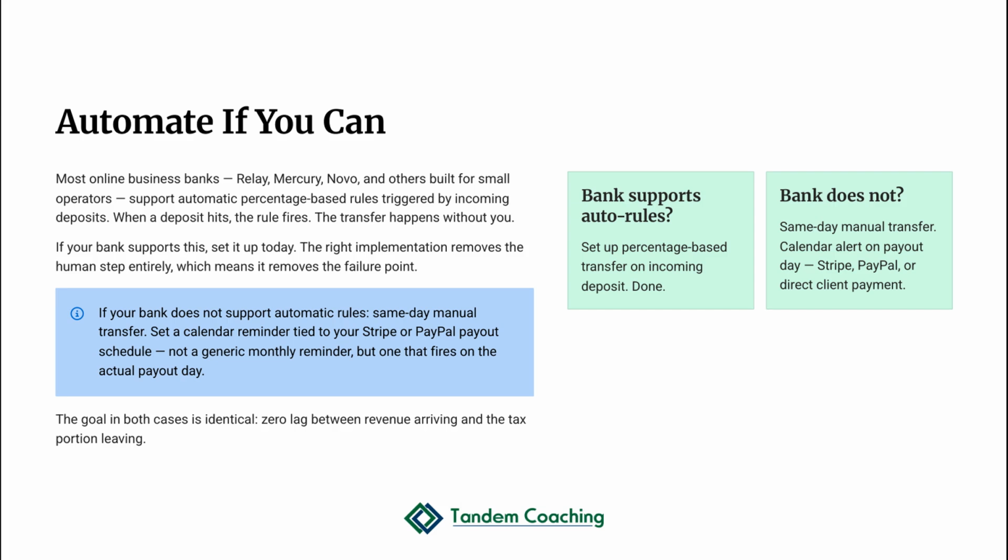Your existing bank's rules engine may be hidden under a menu called Payment Automation or Recurring Transfers. Check before assuming it can't. If your bank genuinely doesn't support percentage triggers, fall back to a recurring calendar reminder on your Stripe or PayPal payout day, with the per deposit transfer done manually. Calendar reminders work. Willpower does not.